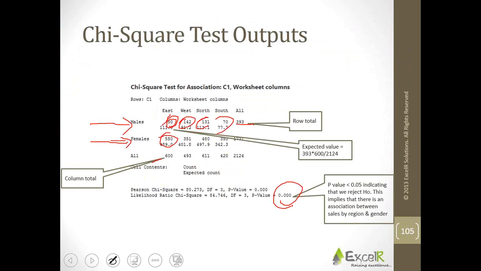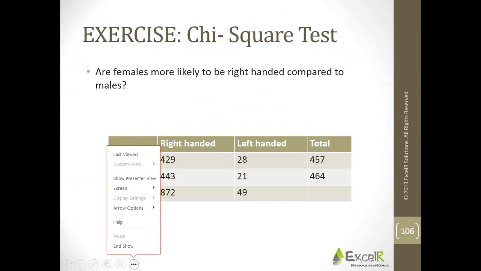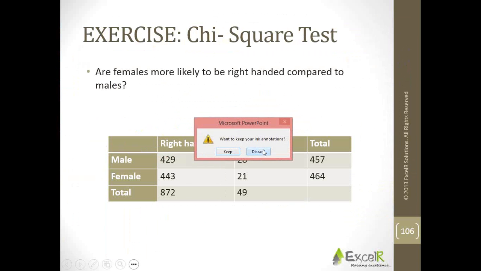All right, let me move on now. So let us do this exercise also. We are given another exercise. Are females more likely to be right-handed compared to males? So let us see whether we have that Minitab exercise file or not.